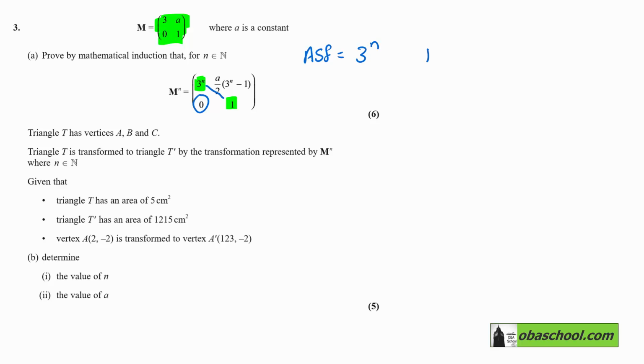If we do 1215 divided by 5, the answer is 243, which is 3 to the power 5. Therefore, the value of n, we used k in the last part, is equal to 5.